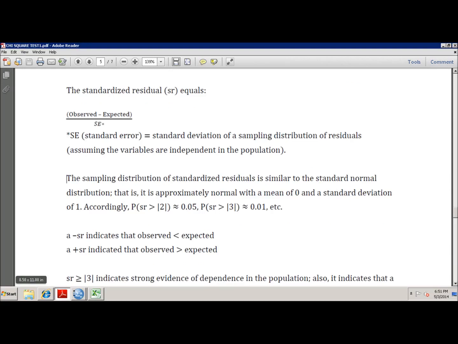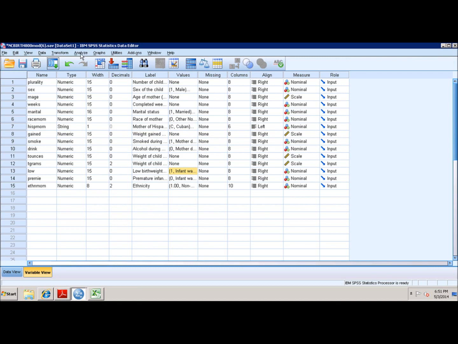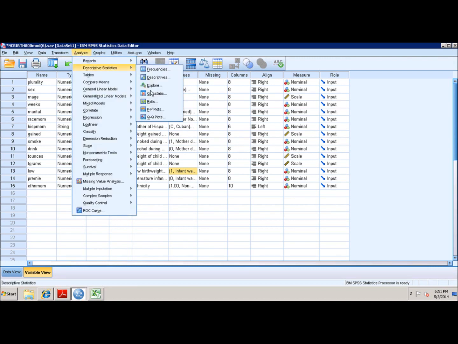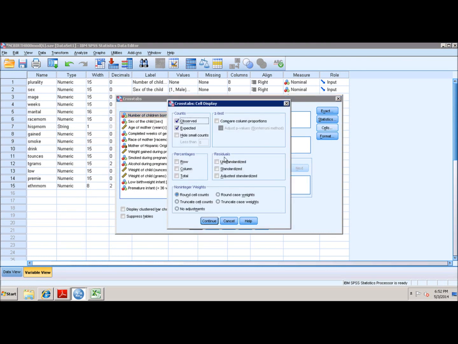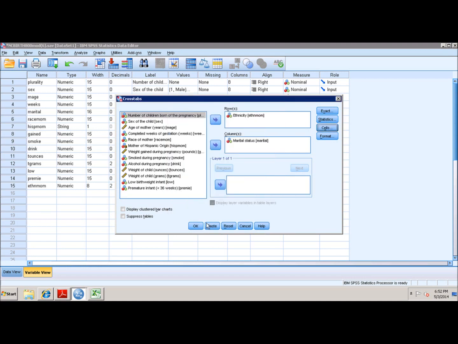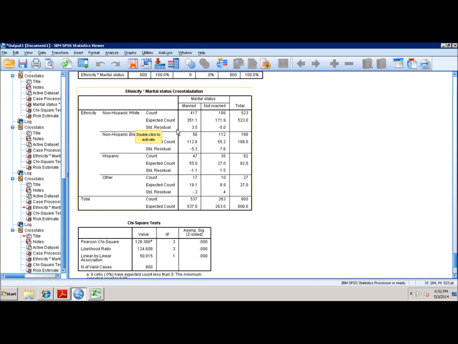So in SPSS, we can go back to Analyze, Descriptives, Crosstabs, and for Cells, there's an area for residuals. Click on Standardized, click Continue, click OK. So what we have now is an area for standardized residuals.